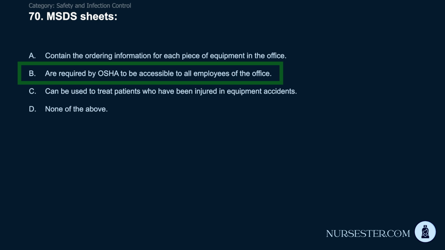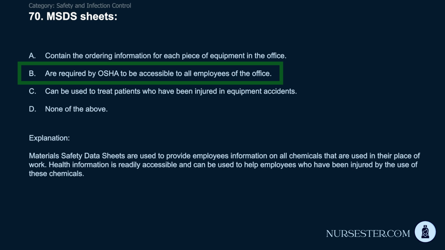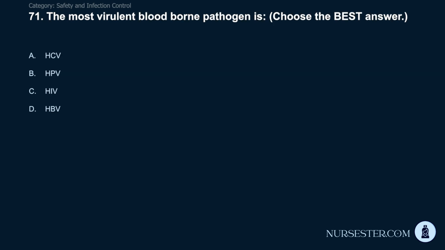Correct answer, B. Are required by OSHA to be accessible to all employees of the office. Materials safety data sheets are used to provide employees information on all chemicals that are used in their place of work. Health information is readily accessible and can be used to help employees who have been injured by the use of these chemicals.